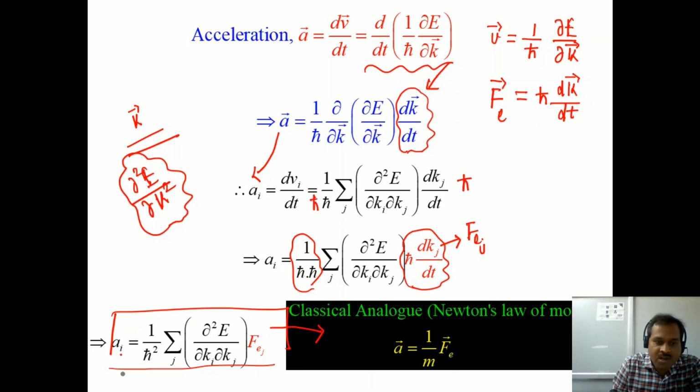On the left hand side we have the acceleration, on the right hand side we have the force, and the rest of the terms is the reciprocal of the mass.